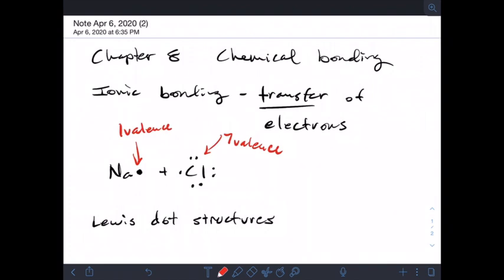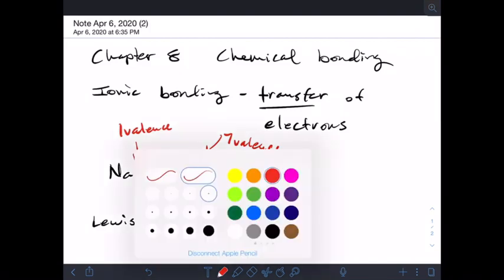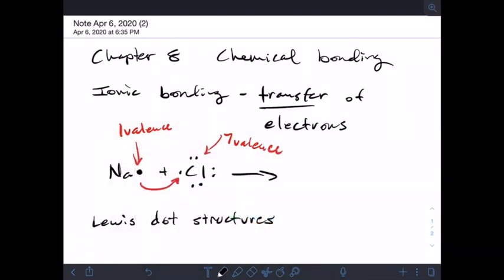And if chlorine gains an electron, it also has the same electron configuration as a noble gas. So what happens here is that the electron actually gets transferred over, and the result is that we have a sodium ion with no valence electrons and a chlorine ion with 8 valence electrons. Okay?